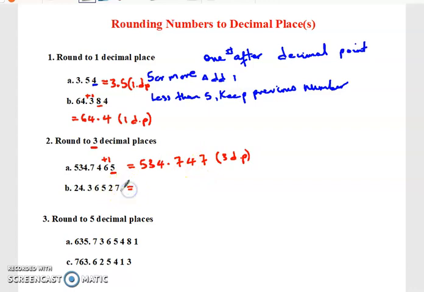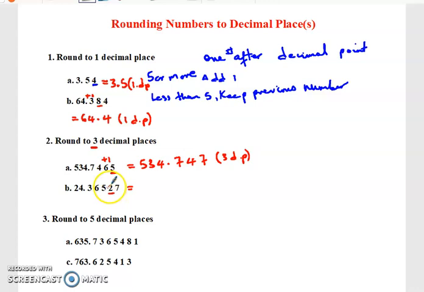Right, let's look at this one now. 3 decimal places. 1, 2, 3, 4, 5. But we have 5 digits that follow the decimal point. So we're going to 3 decimal places, so you look at the 4th digit. In this case, it's a 2.